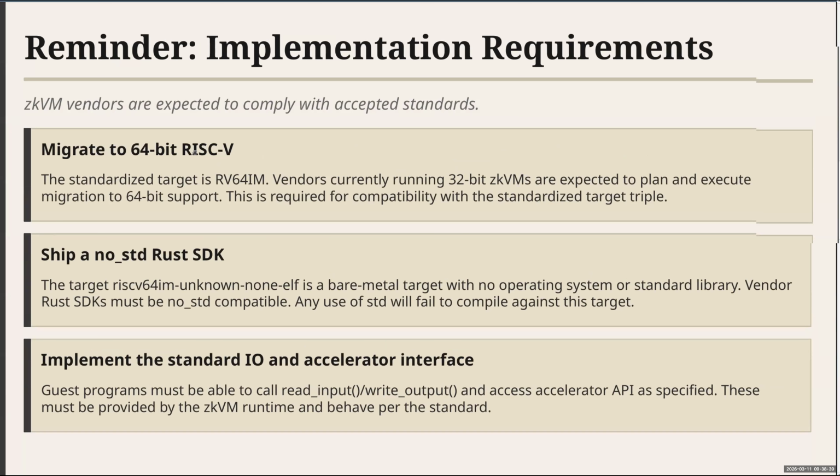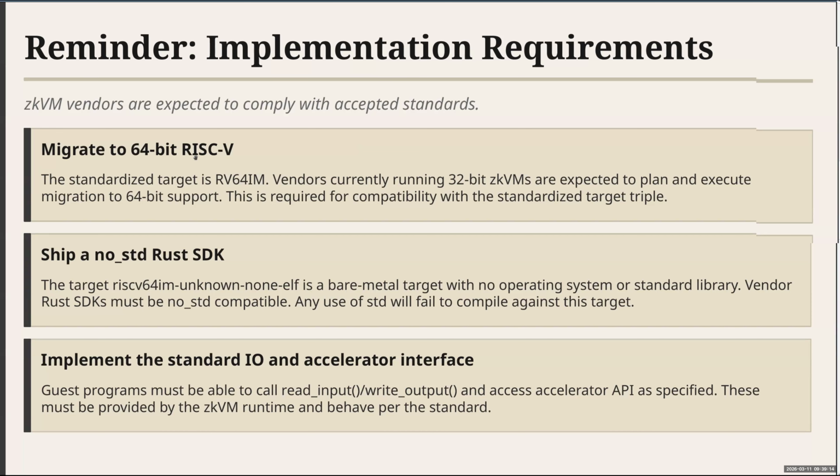A quick reminder on what these standards mean in practice for zkVM vendors. If you're currently running a 32-bit zkVM, migration to 64-bit RISC-V is expected. The target we standardize is a 64-bit machine, and that's not optional for EF use cases. On the Rust side, the Rust target is bare metal, without operating system and without standard library support.